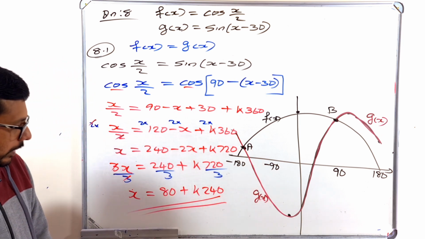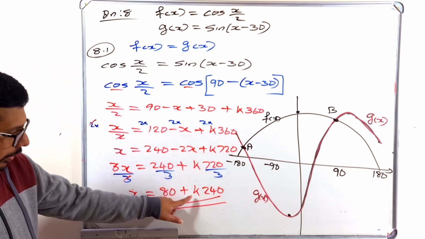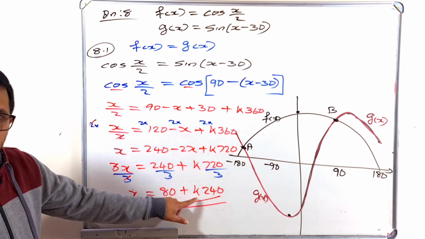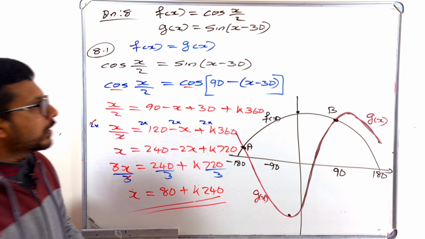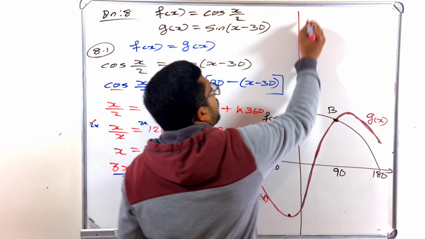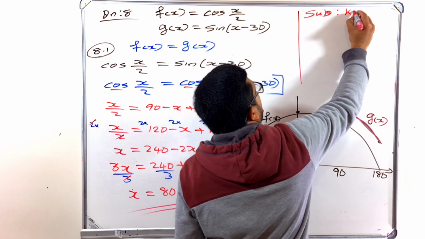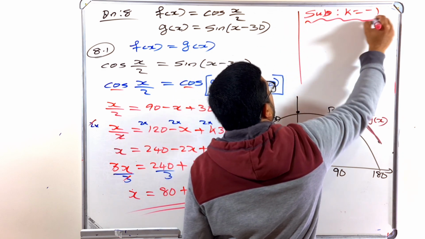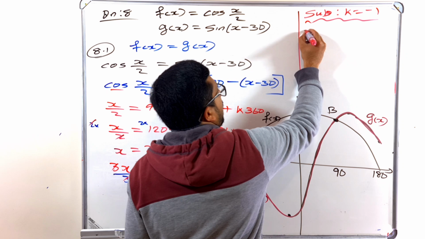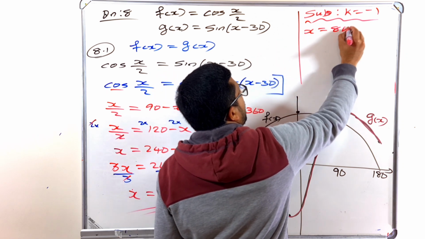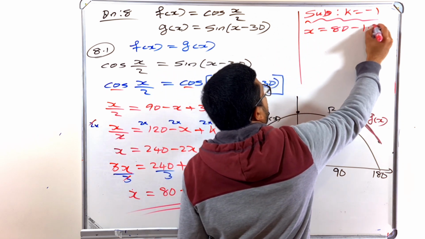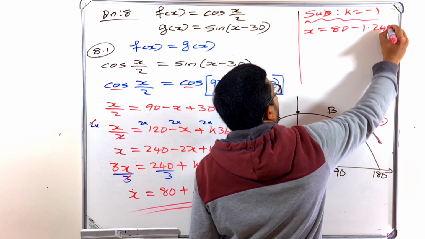So how can I get that one? Look at this, if I substitute k as minus 1, so what is that one? Substitute k is equal to minus 1. So what is our equation now? X is equal to 80 minus 1 into 240.